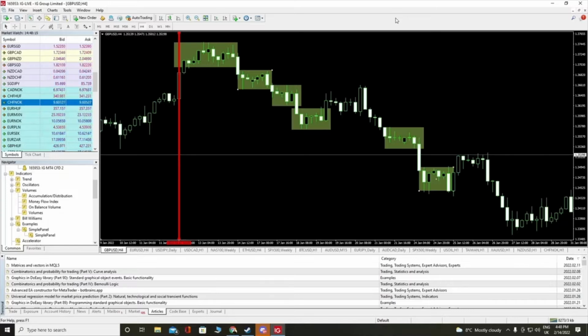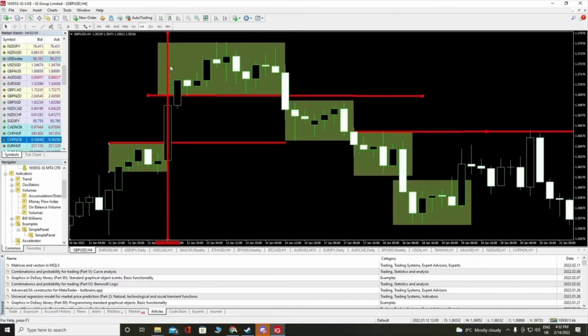As we see here on the GBP/USD, look at how the prices behaved. Let's say it went to this level, this area, and now the prices break below. So let's say the prices break the floor. Now see how the market respects the previous area of consolidation.